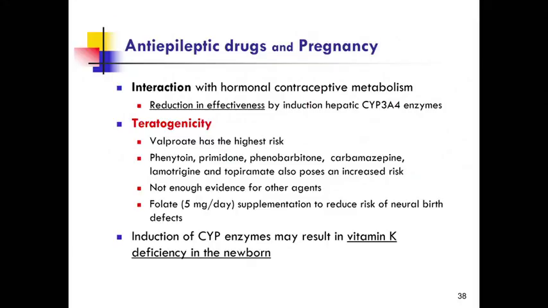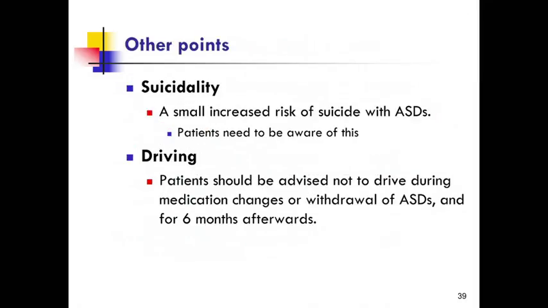So that is no longer a big deal now, because all newborns now take vitamin K. Finally, there is a meta-analysis that says that there is a very small increased risk of suicidality associated with anti-epileptics. So explain this to them, so that if they begin to have suicidal thoughts, they report to the doctor and see what can be done about it before it becomes serious.